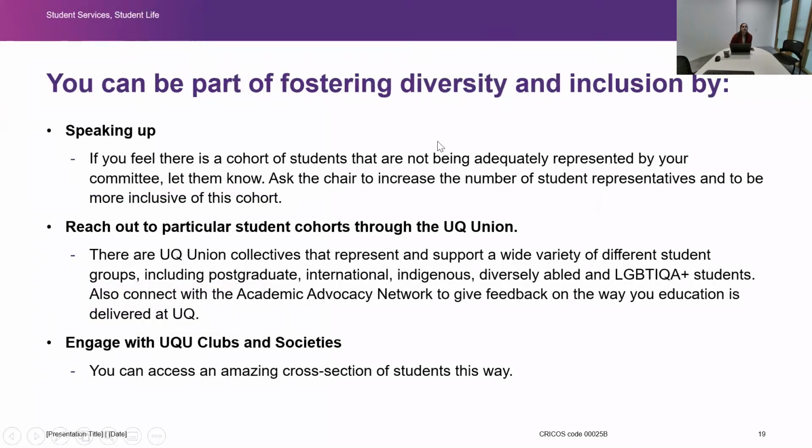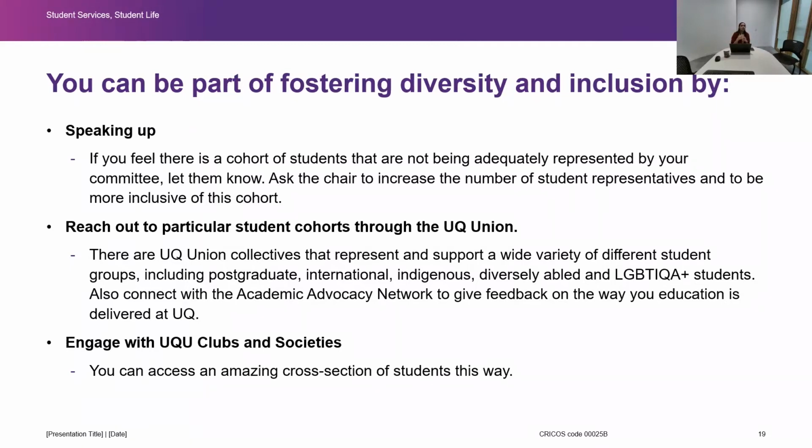Okay, we touched on this a little bit before, but just going a little bit deeper about fostering diversity and inclusion. You guys, as student reps and student advisors, can be part of this by speaking up if you feel like there is a cohort of students that's maybe not getting recognised or not getting the representation that they need. You can ask for the student rep numbers in your cohort or in your committee to be increased so that you can get that more authentic representation.